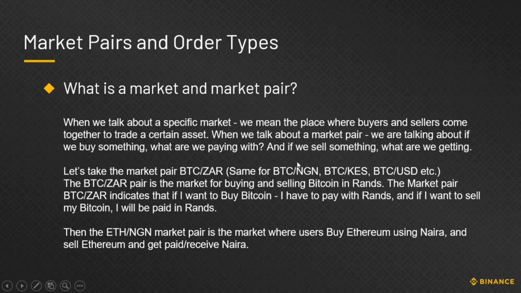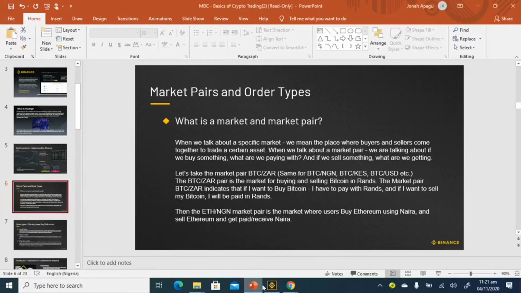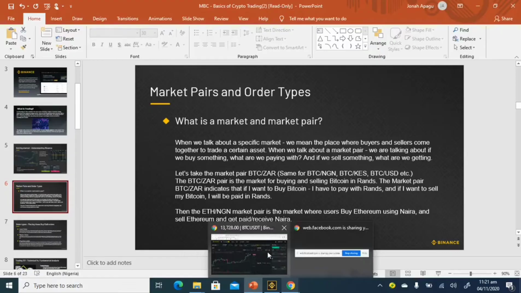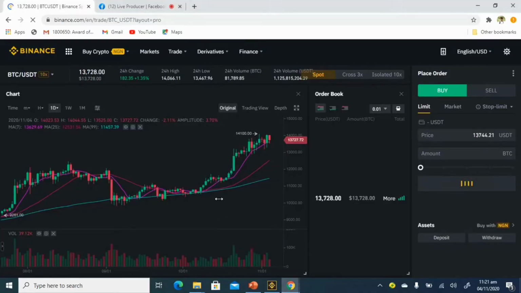Okay, now let's go back to the Binance platform. Everything is loaded now. Like I told you, it's a chart. What you find in the chart are candlesticks. All these bars you see here are called candlesticks. The chart tells you how the price has been moving.